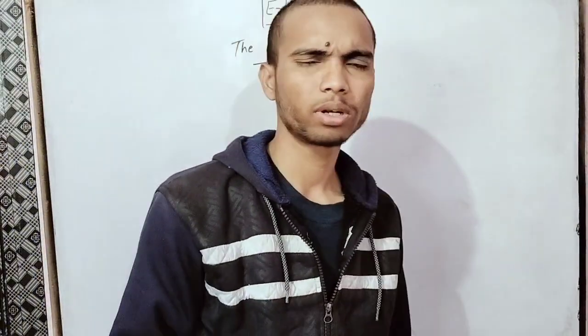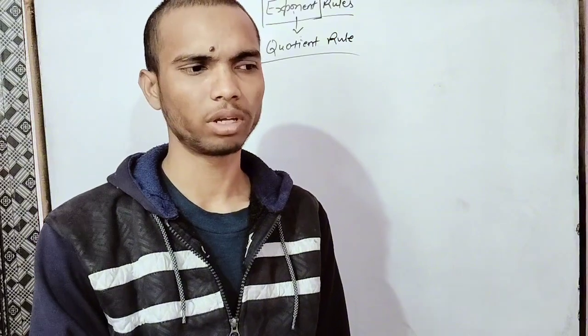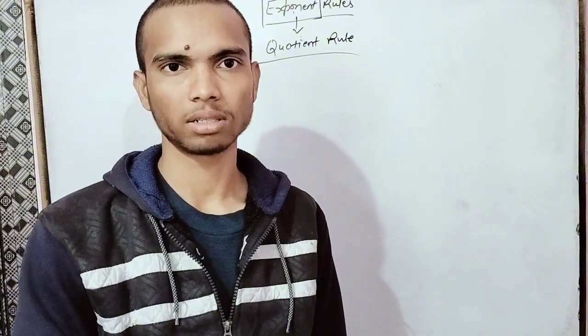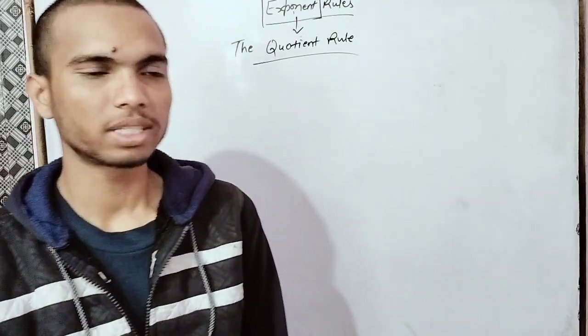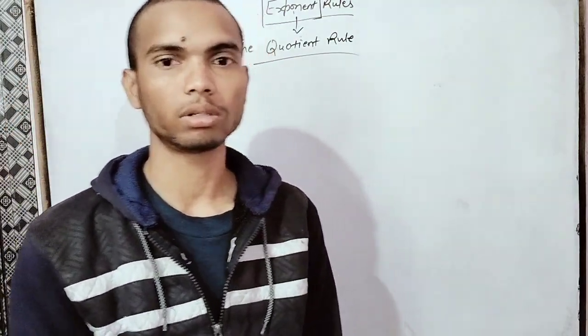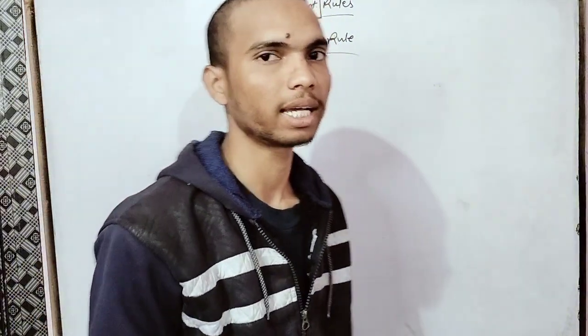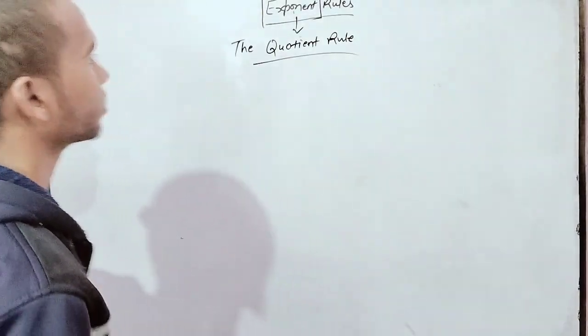The quotient rule. It says the quotient rule is also known as the division rule. In simple words, we can say division rule, and in a formal way we say the quotient rule.